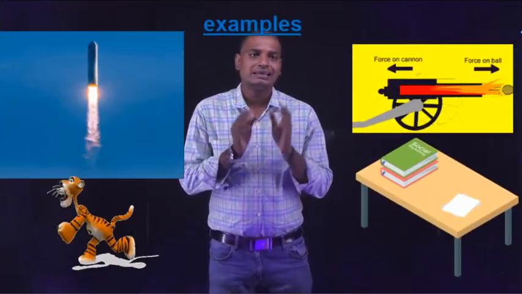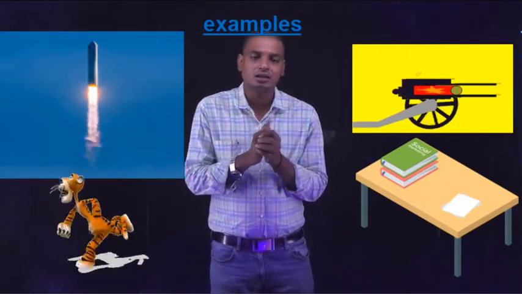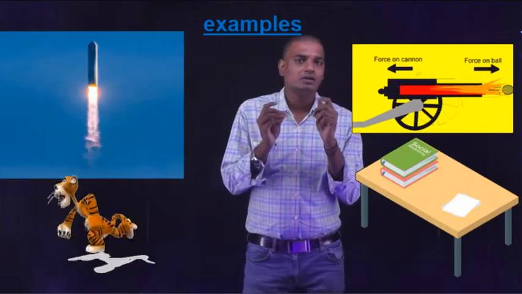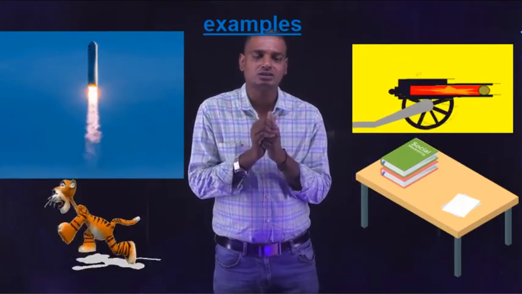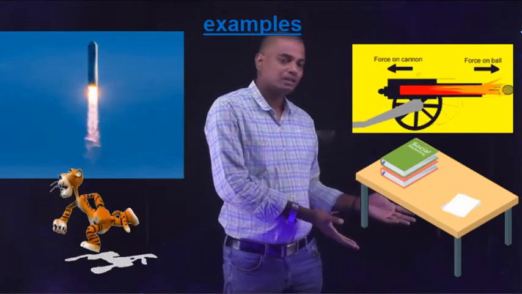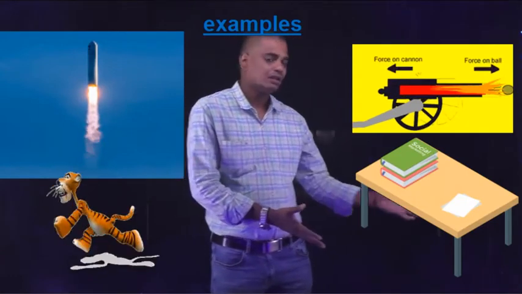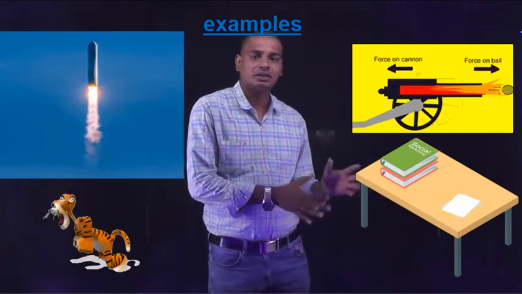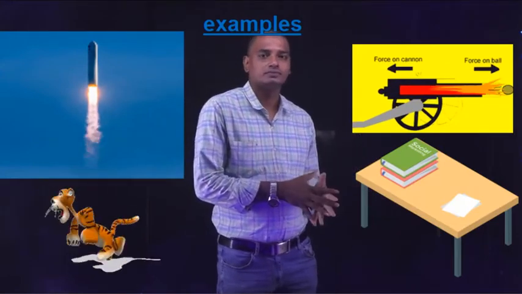So the examples of Newton's third law, how we can understand this law very clearly. By observing these examples, we can understand Newton's third law. First consider an example in which a book is placed on a table. The weight of the book will act downwards.